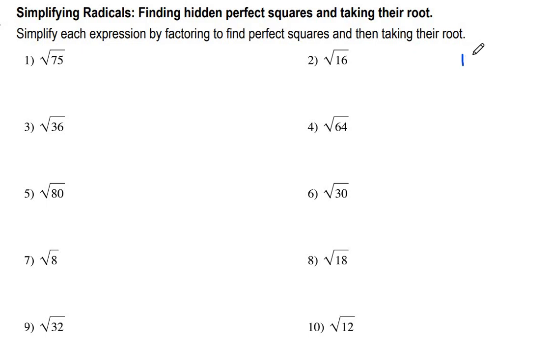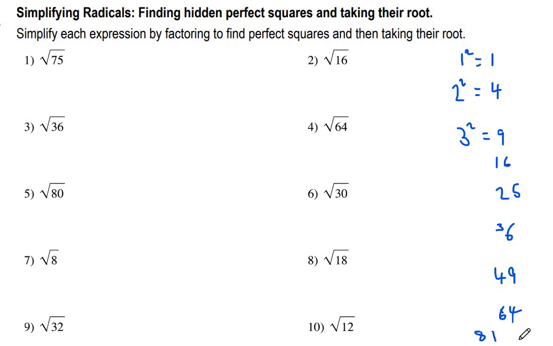For example, 1 is a perfect square. 2 square is 4, so 4 is a perfect square. 9 is a perfect square, and then 16, 25, 36, these are all perfect square numbers. 49, which is 7 square, 8 square is 64, and then we have 81, and 10 square 100.